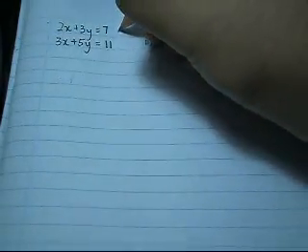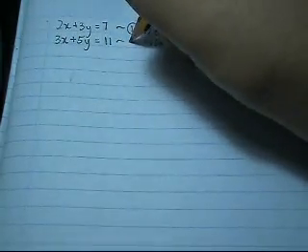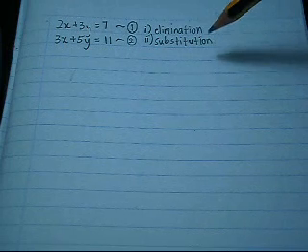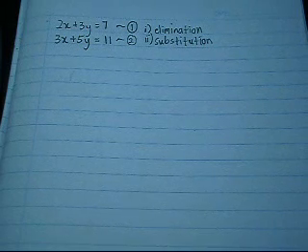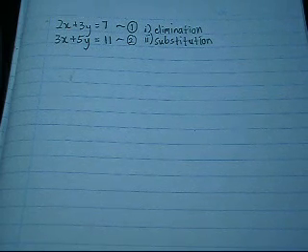We label the first equation 1, and the second equation 2. I forgot to mention that we can solve simultaneous equations by both the elimination method and the substitution method. The substitution method is a bit hard, so let's start with elimination first, so you get a better understanding of what simultaneous equations are.